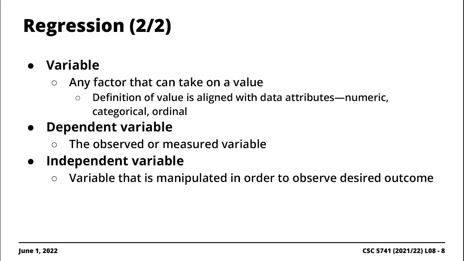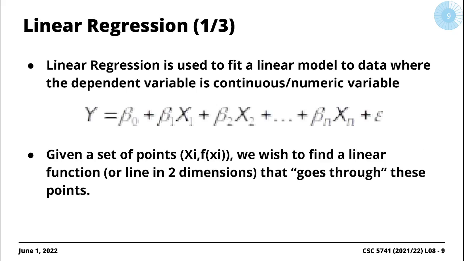If you look at gender, the different records will hold different values for gender, right? So as you are tweaking or changing or manipulating those independent variables, you would be observing the effect that it would have on the dependent variable, the thing that you're measuring. So that's the difference there.